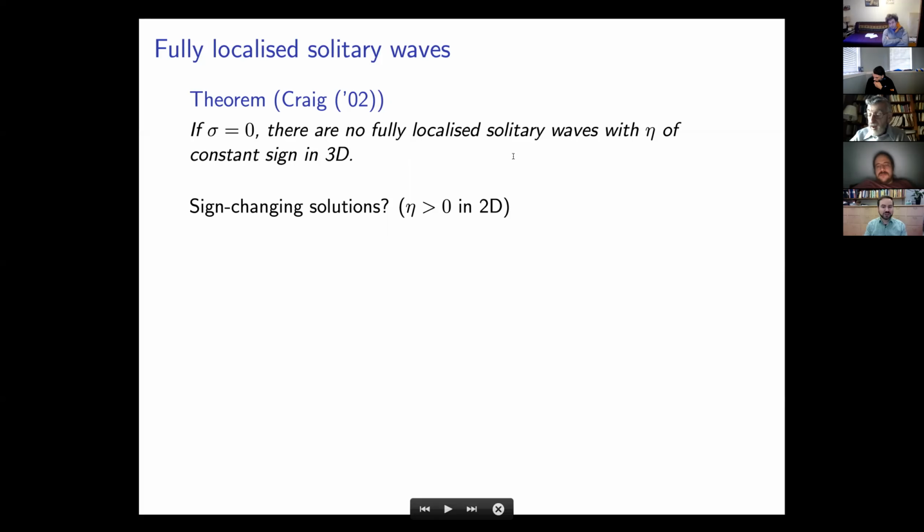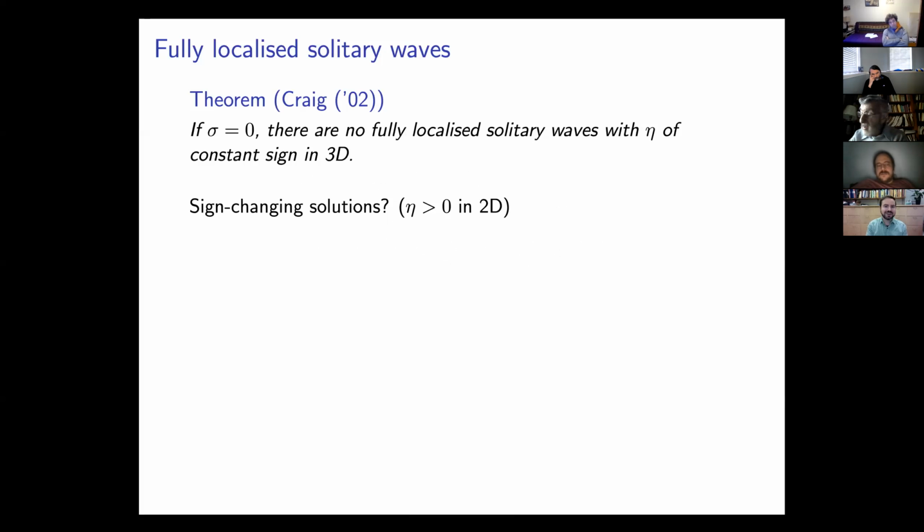So sort of in 2D, well, I think we've heard Miles talk about this. So in 2 dimensions, you kind of have this sign condition. So maybe this is now even totally complete, but at least the waves we know of have a strict sign. So it could be that there are some solutions in 3D without surface tension, but they would then necessarily have to change sign.